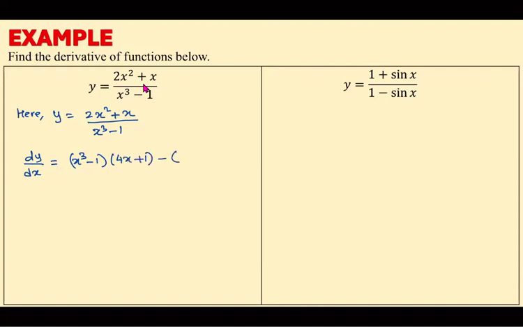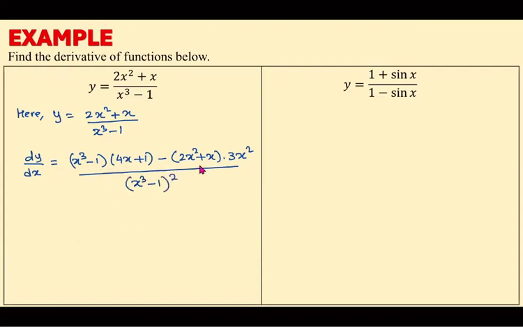Then minus the numerator, which is 2x squared plus x, times the derivative of the denominator. The derivative of x cubed minus 1 is 3x squared. Everything divided by x cubed minus 1 quantity squared. So we use the formula.